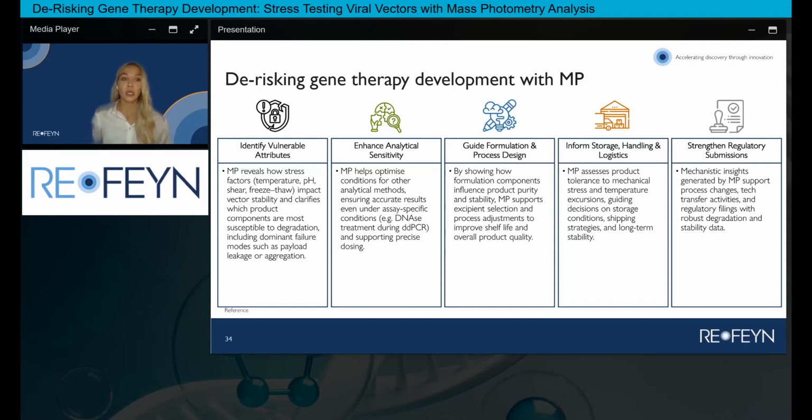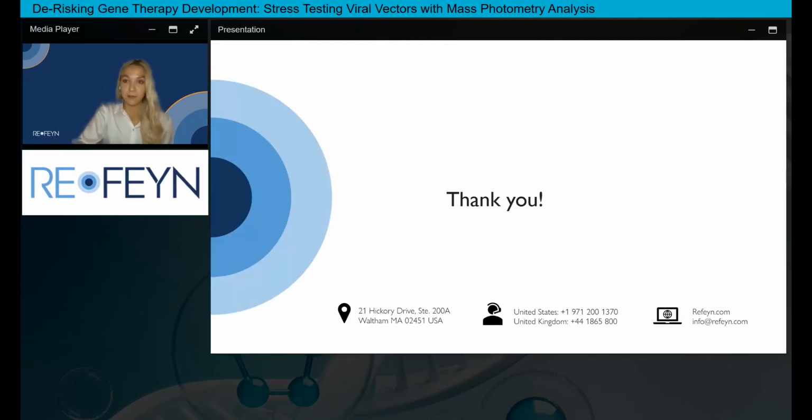So in short, mass photometry can help you make faster and smarter choices, and by being very fast, cheap and easy to use, even very early in the developability stage but also further down the line in regulatory submission, it could be utilized to deliver safer and more stable gene therapies to patients.